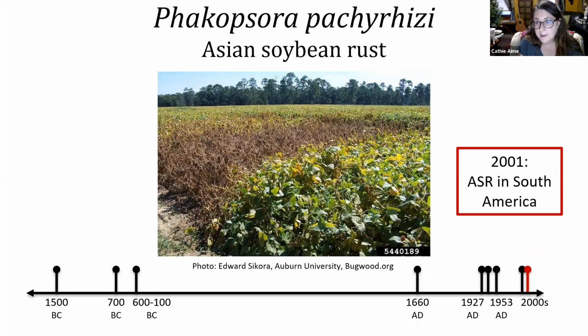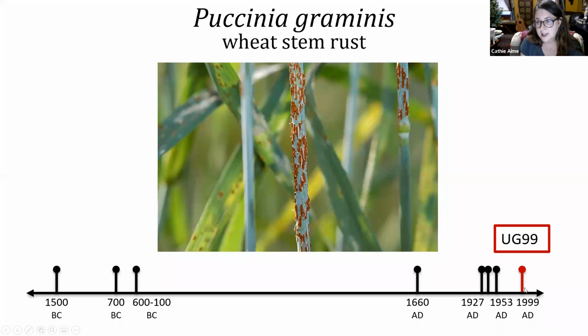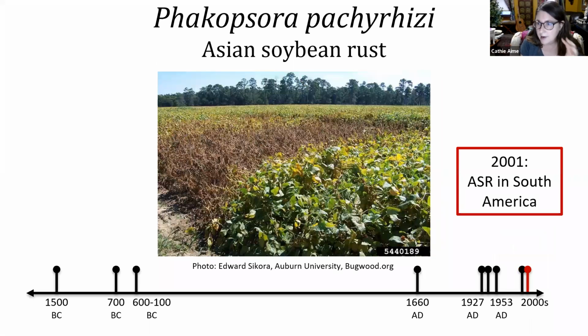Now, something interesting, you notice that was in 1999 when we see this resurgence of a brand new strain of wheat rust, Puccinia graminis, moving around the world. And around the same period of time, in the early 2000s, there's a whole slew, this is about the time I started working on rust, of rust starting to move around the world.